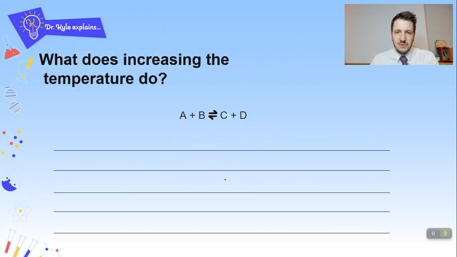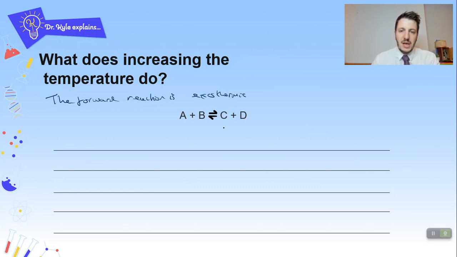Okay, so let's go through some examples then. What does increasing the temperature do? Let's go for an example where the forward reaction is exothermic. First of all, I would write exo at the top here because that's going in that direction, and I would write endo in the other direction.